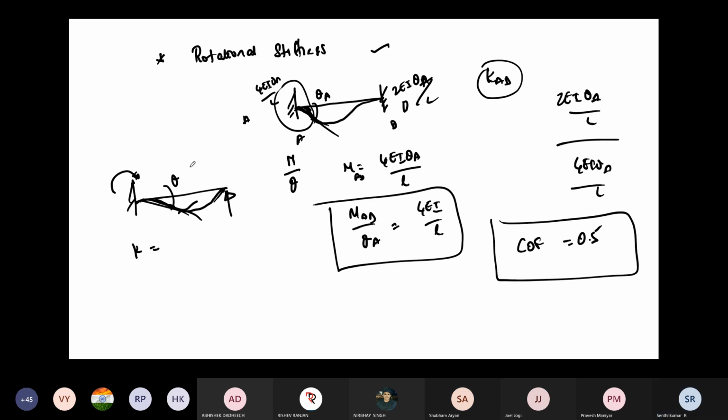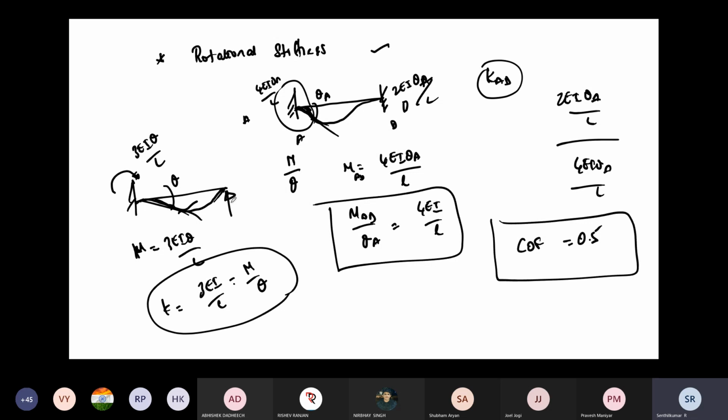Okay, it's 3EI theta by L. So M equal to 3EI theta by L, and K will be equal to 3EI by L, which is nothing but M by theta. So if you derive for far end pin, you will get 3EI theta A by L.